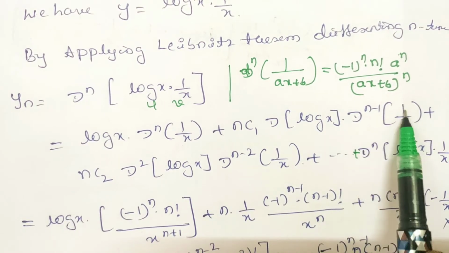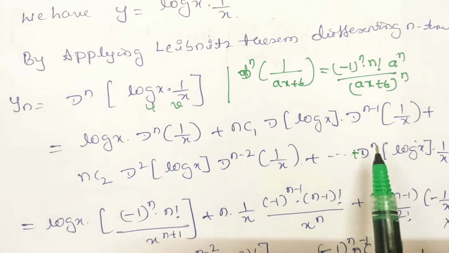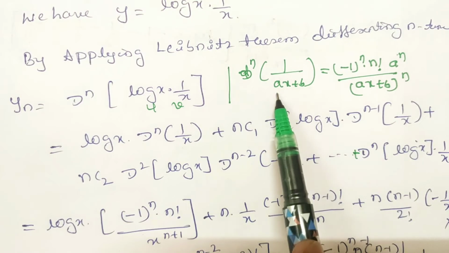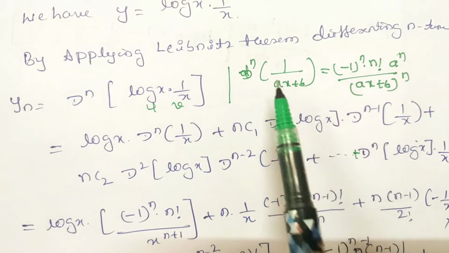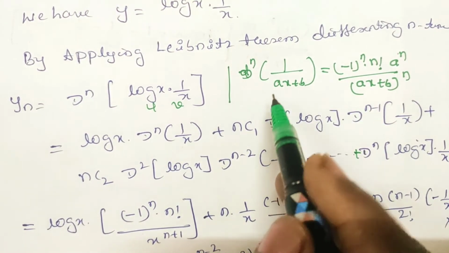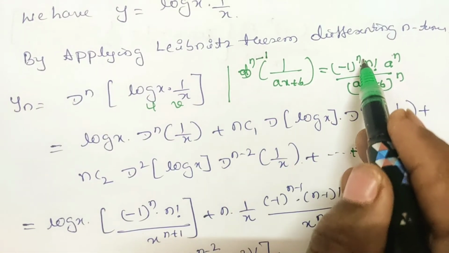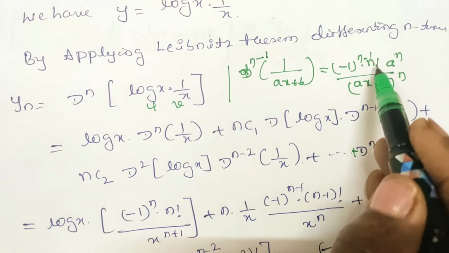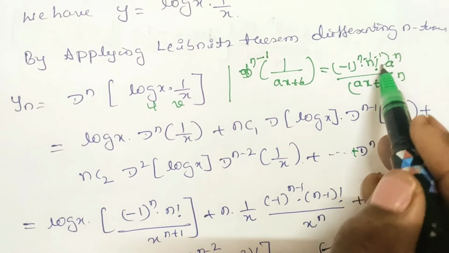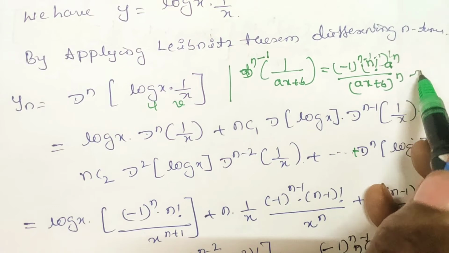The n minus 1th derivative of 1 by x. See here, the nth derivative of this one is like this. The n minus 1th derivative is just here. The n minus 1th derivative means you just replace n by n minus 1. This is n minus 1 factorial and this one is n minus 1.